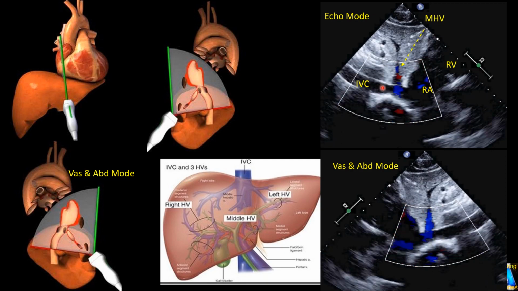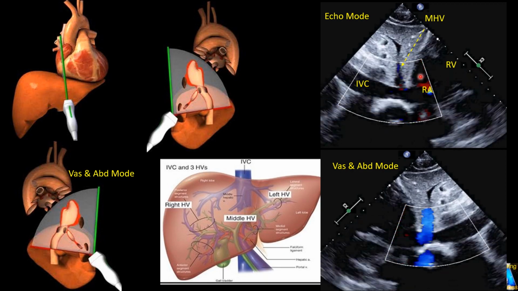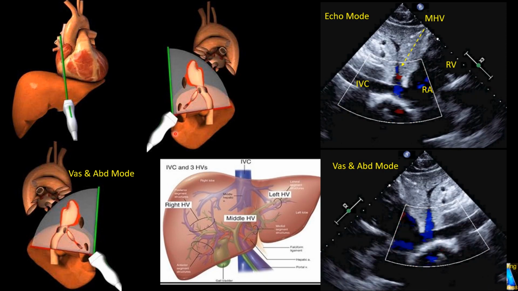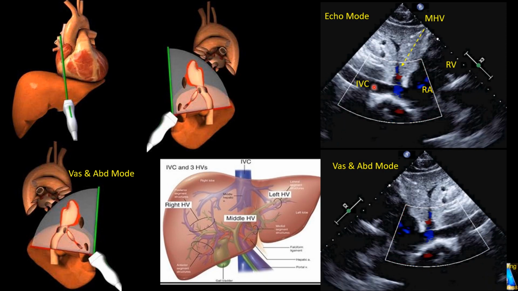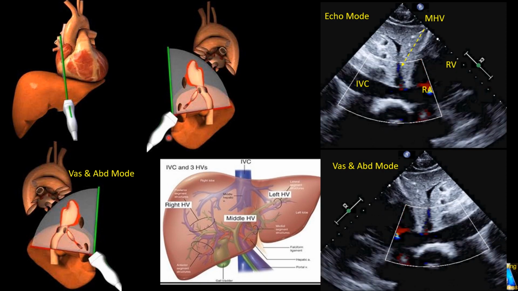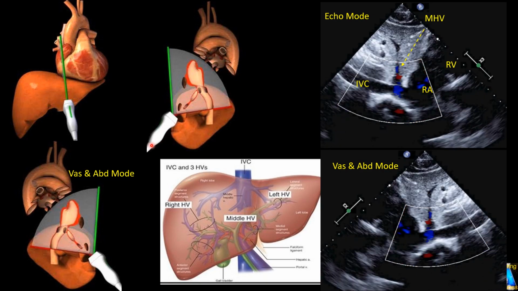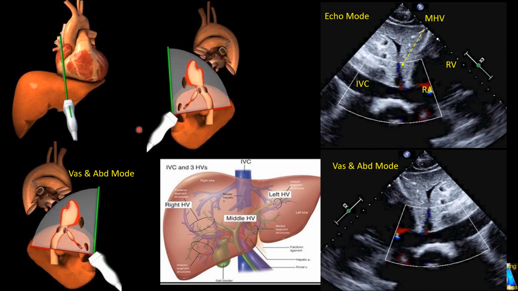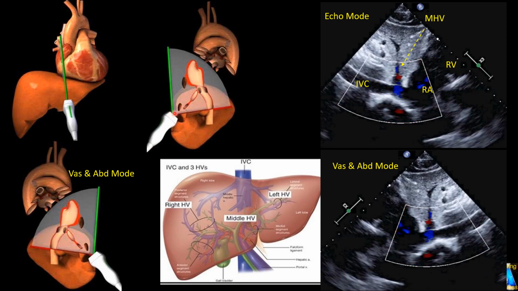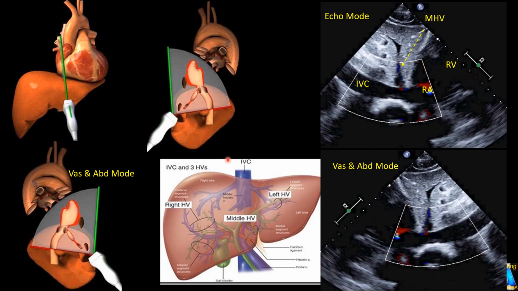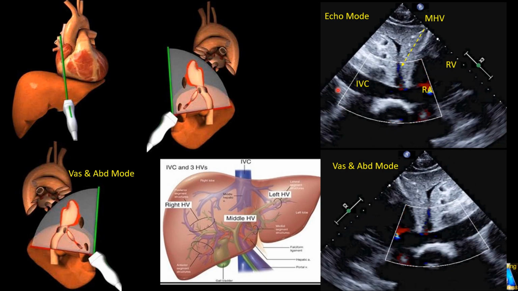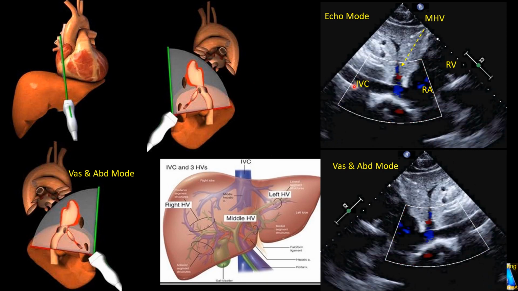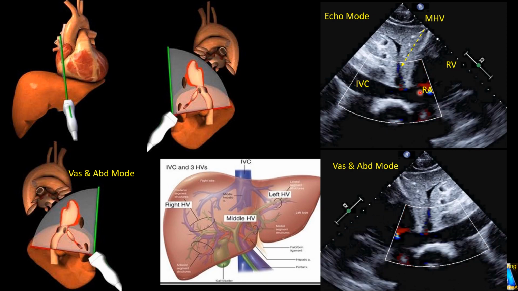For that purpose, we can use a rocking maneuver, just a little. For example, if you want to make this IVC more horizontal, we have to push or angle the handle of the probe toward the head, or the tip of the probe toward the foot, angling toward the foot, then it becomes more horizontal.